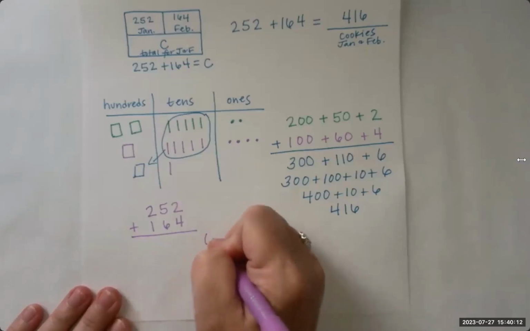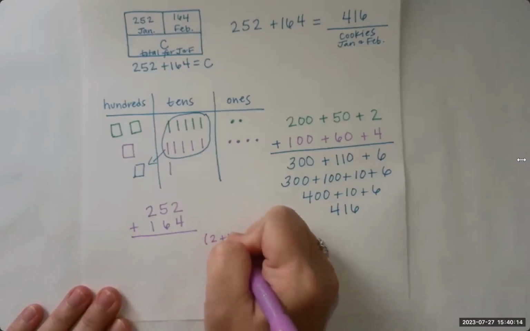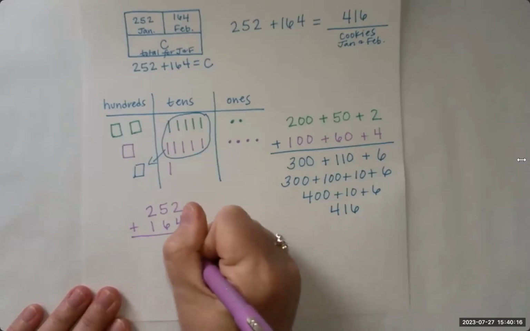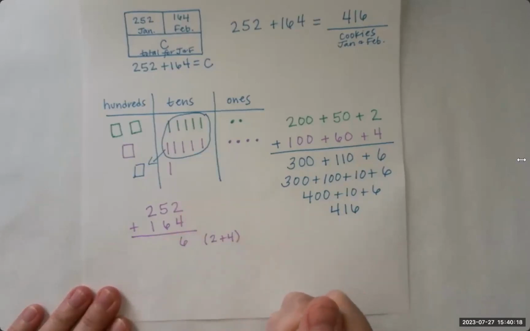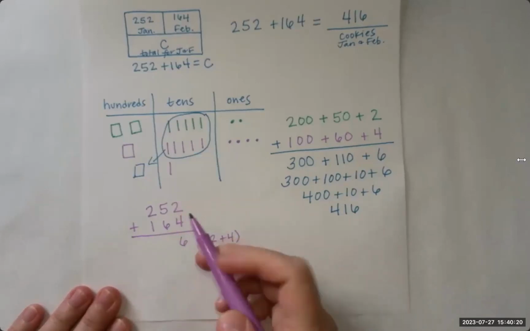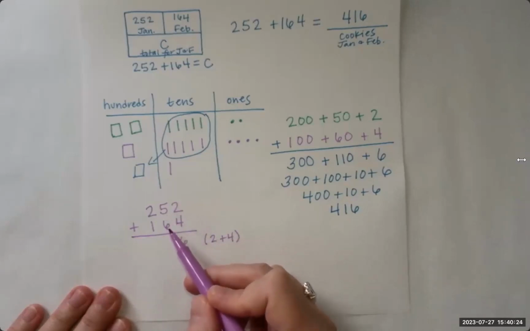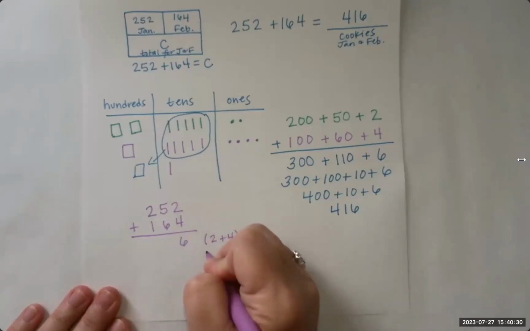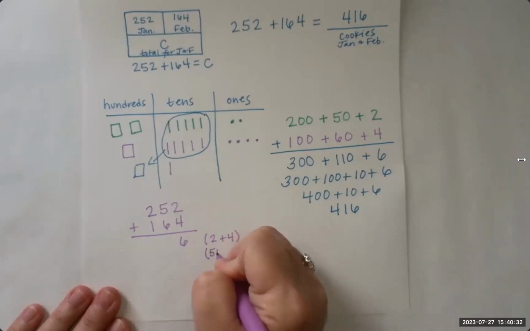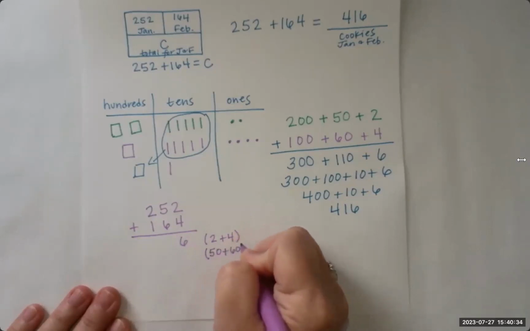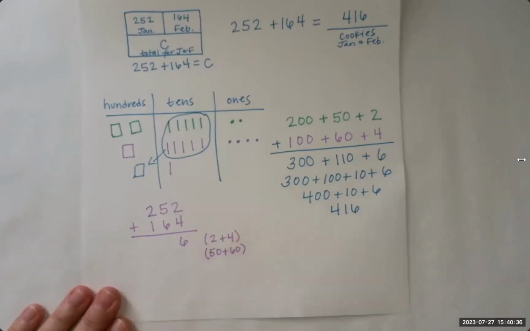At first, I'm adding just 2 plus 4. We know that 2 plus 4 is 6. The next value that I'm going to add, this is where it's really important. I'm not just adding 5 plus 6. I'm adding 50 plus 60. This partial sum, 50 plus 60, is equal to 110.